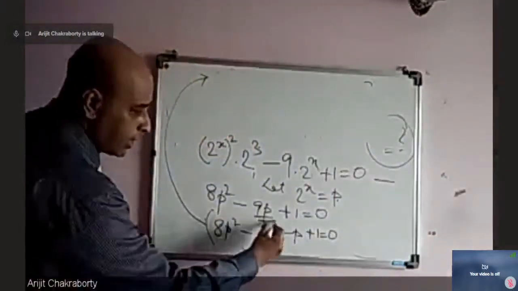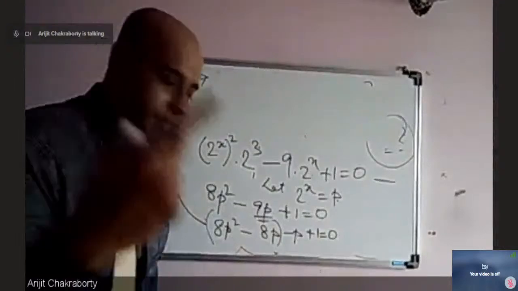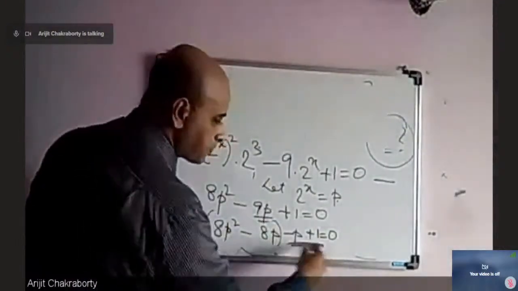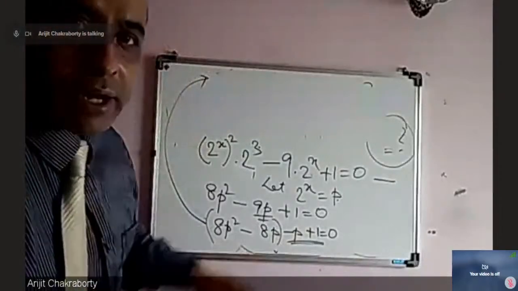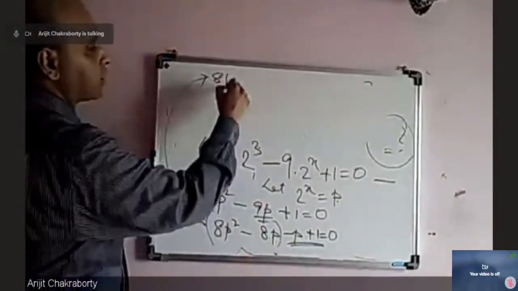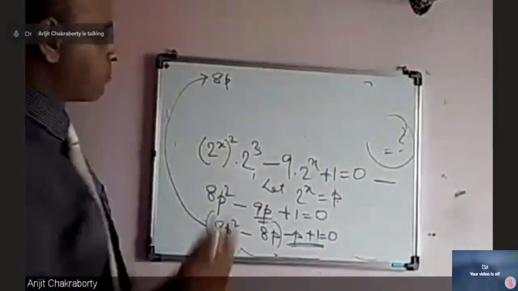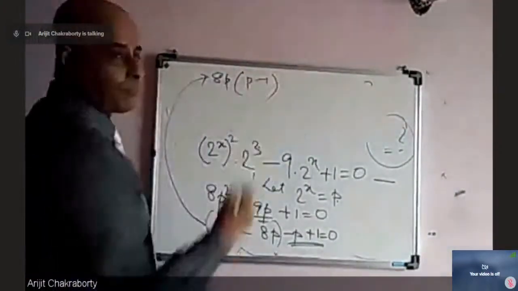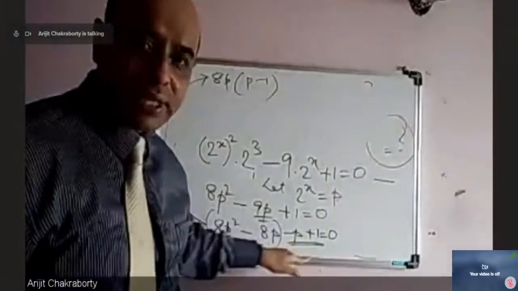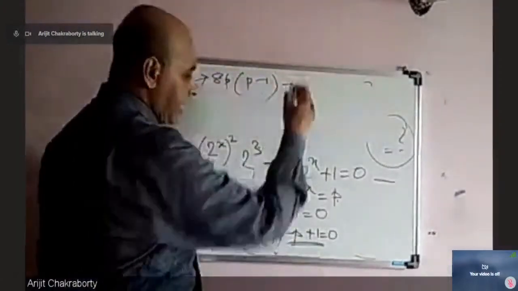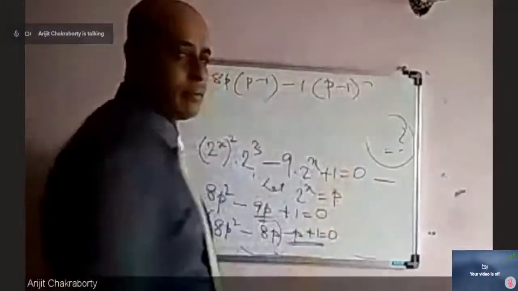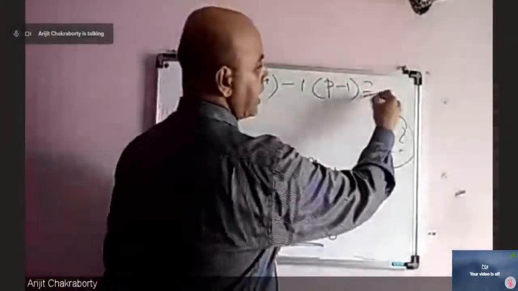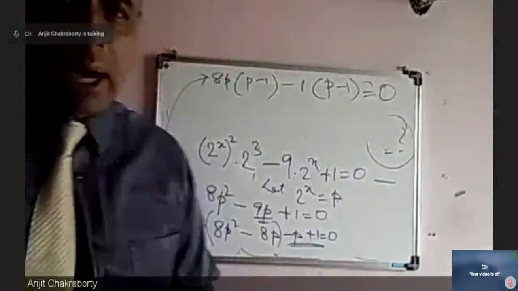The second term is this one. So what we do, from 8p square minus 8p, we take 8p common. So it becomes p minus 1. And from this second expression, we take 1 common, so it becomes p minus 1 again. Right hand side is 0. I hope you can understand this point.